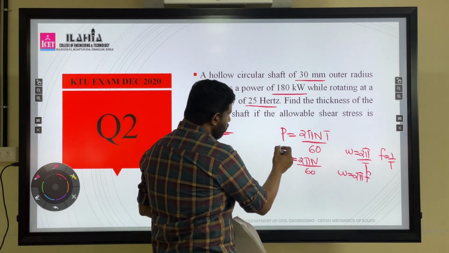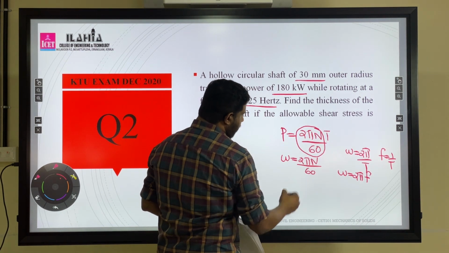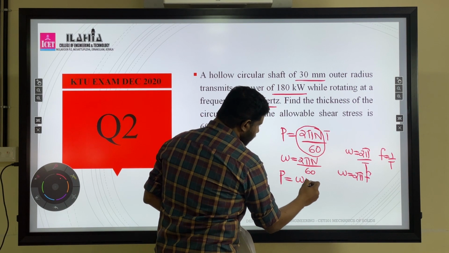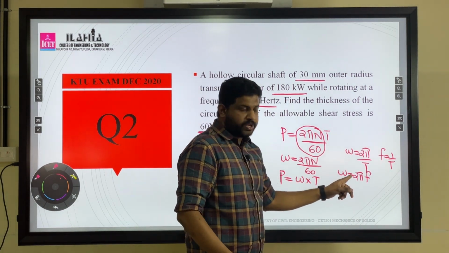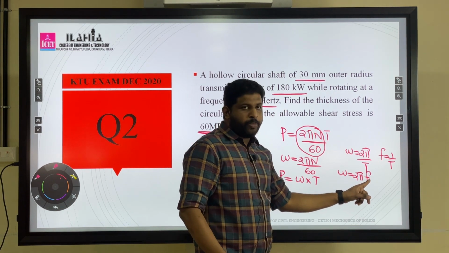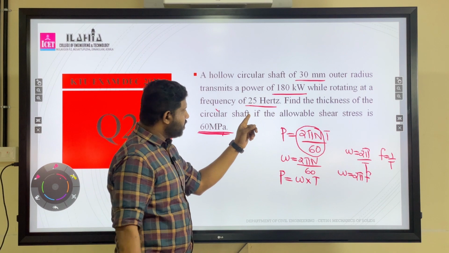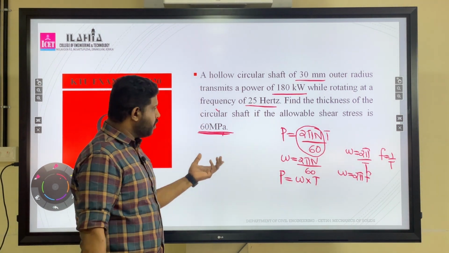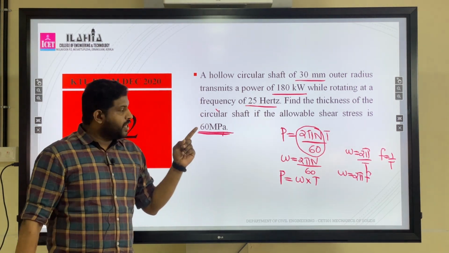If we substitute 2 pi n by 60 as omega, we get power equal to omega into t, and this omega value can be calculated using omega equal to 2 pi into f, where f is the frequency. It is directly given in the question, that is 25 hertz. So that is the difference in this problem compared to the previous one. Instead of giving RPM, it is given in terms of frequency.